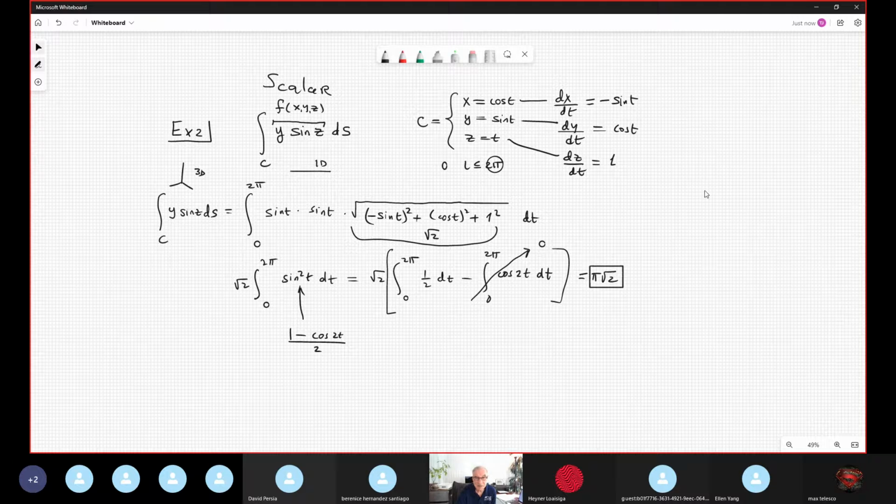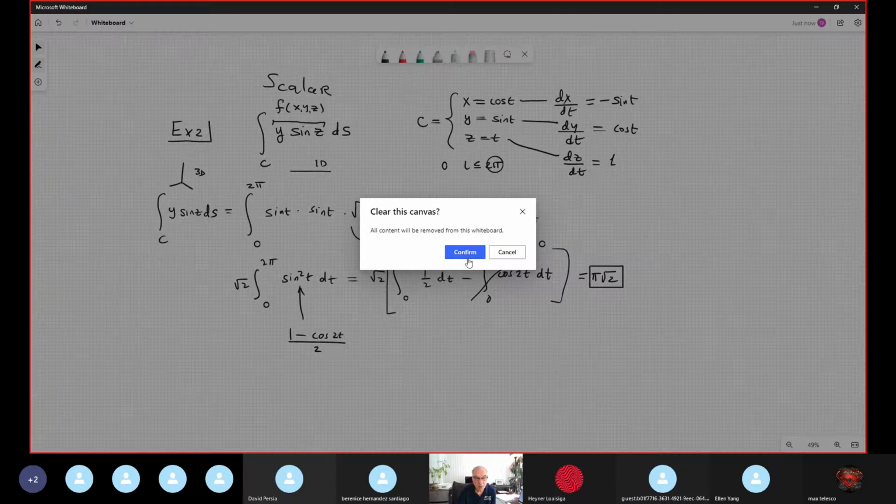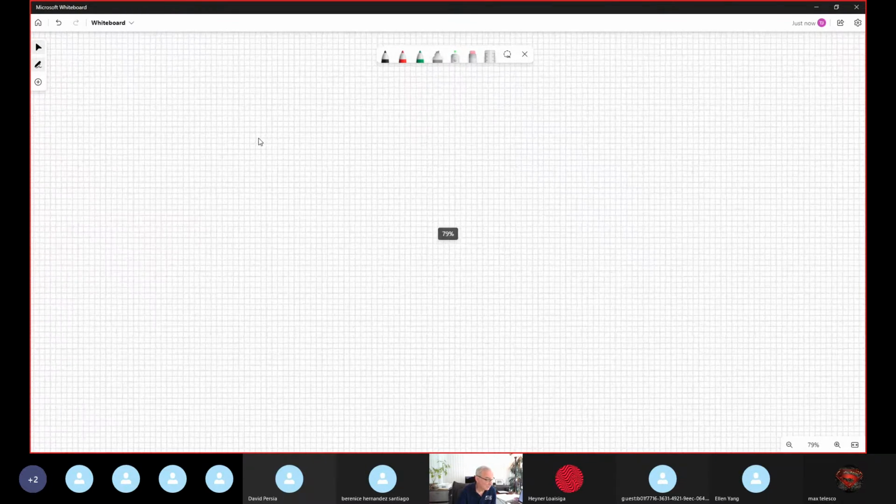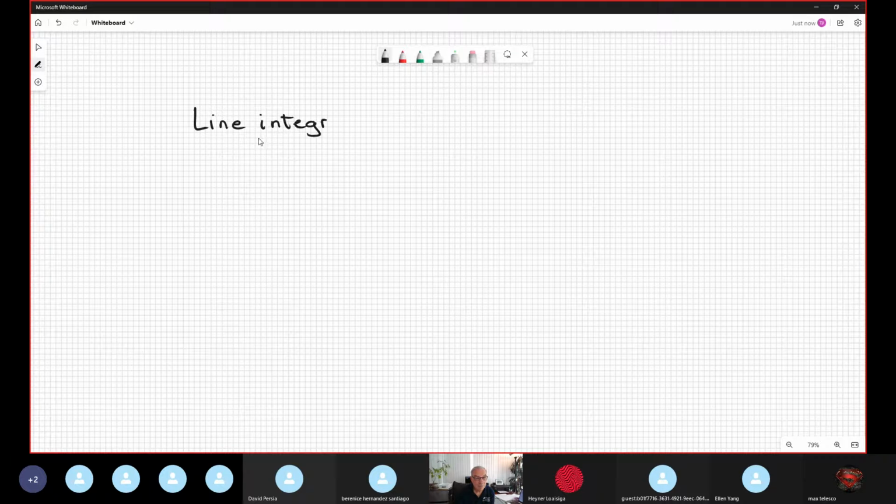Okay, I understand this. However, I want to complicate because now we apply the line integral over the vector field. So we have the line integral over a vector field.